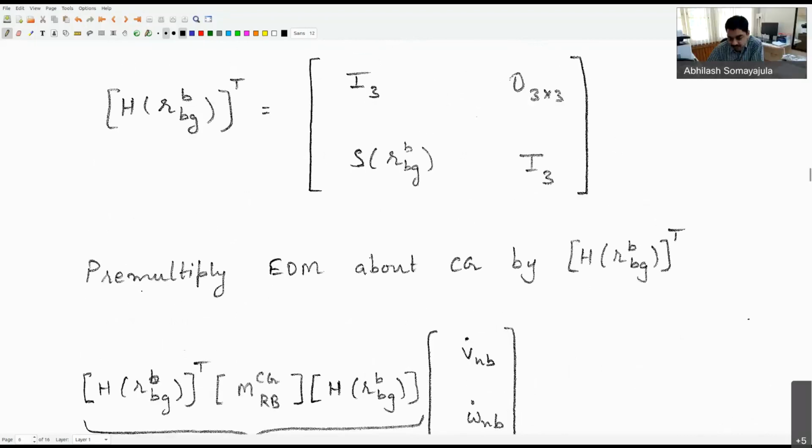Now in order to convert our equations of motion about the CG, which we had derived previously, we pre-multiply those equations of motion by H transpose on both sides. So what are we doing?